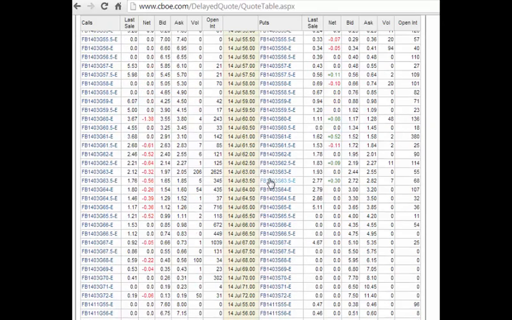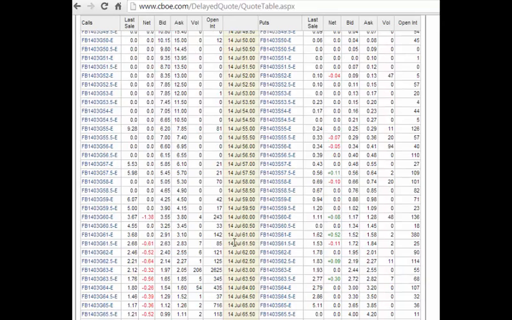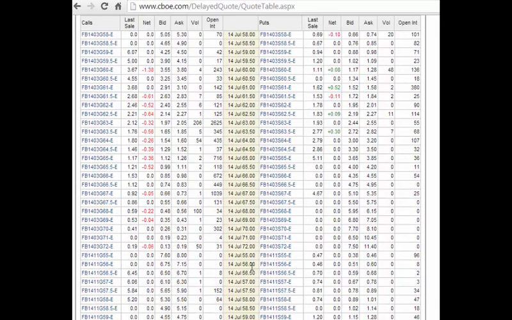So here's July. On the left side you have calls, right side you have puts, and let's say we're looking for July and at a strike price of 65. So it would be this one.